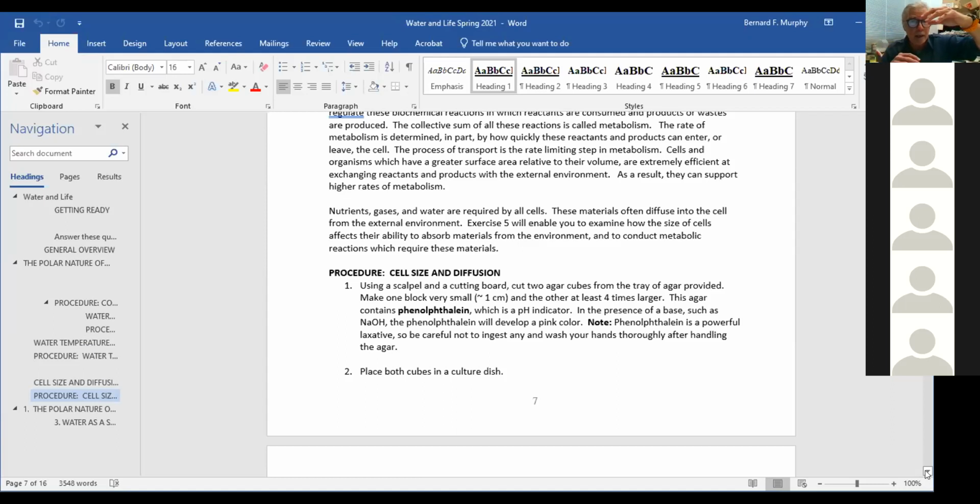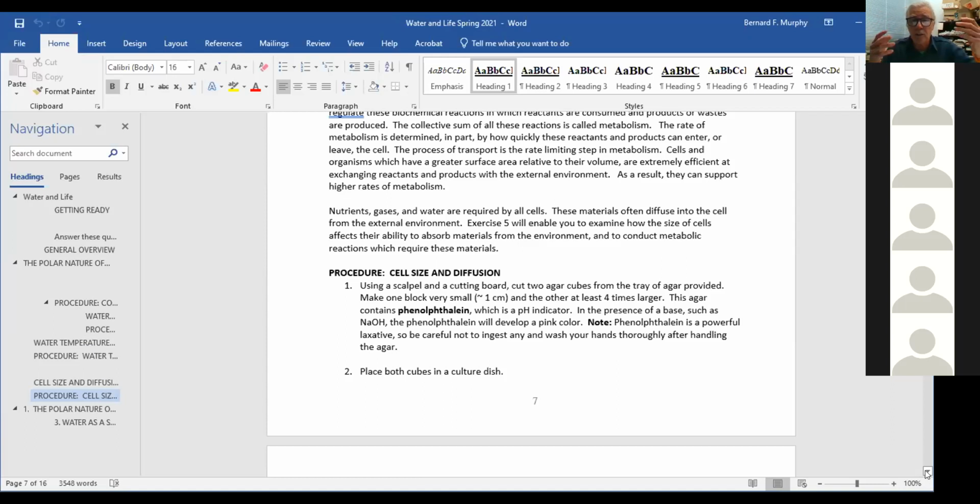The bigger the denominator, the smaller the number. So the volume increases faster than the surface area. So as you go from smaller to bigger and bigger cubes, the SA over V, the surface area to volume ratio, gets smaller and smaller and smaller. And that means that the diffusion becomes slower and slower and slower.